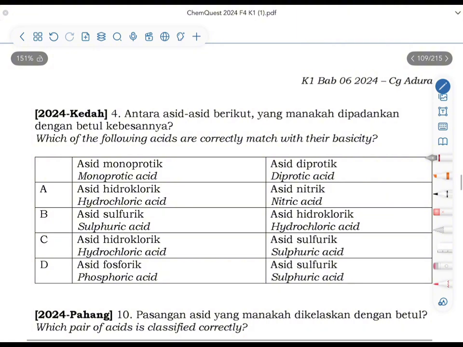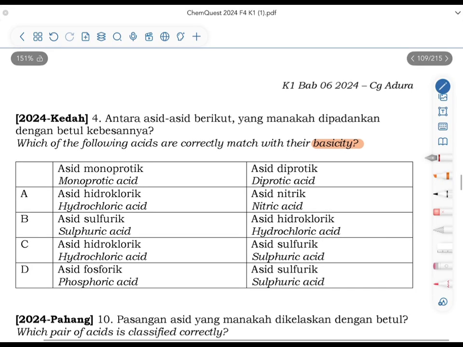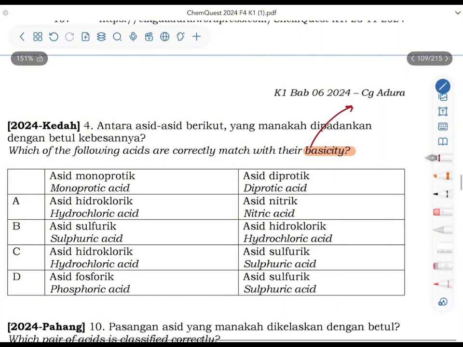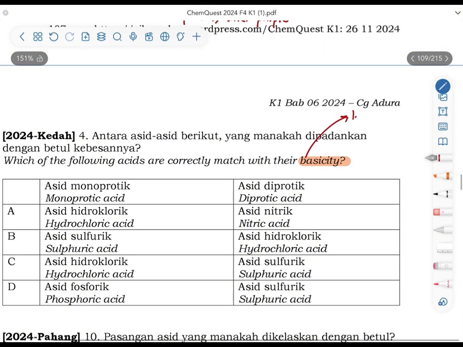Okay, next. Which of the following acids correctly matches with its basicity? In the previous question, we also discussed basicity. When you come across the word basicity, you need to know it is directly asking about monoprotic, diprotic, and triprotic acids.